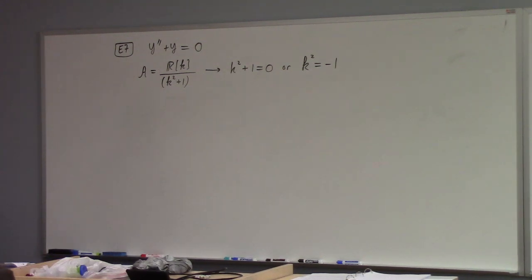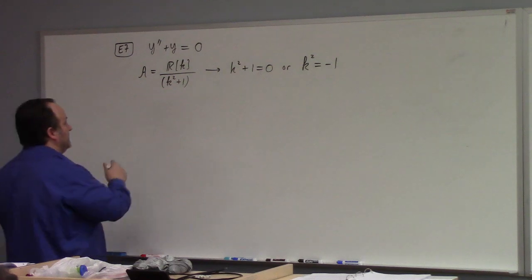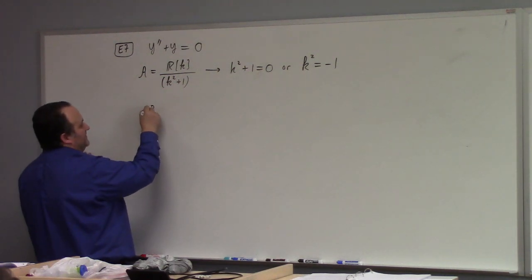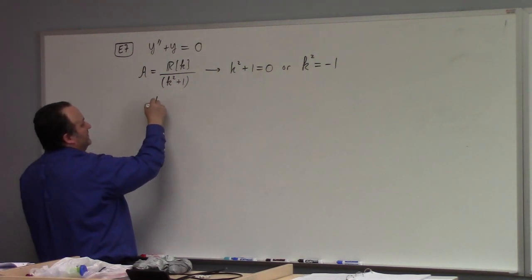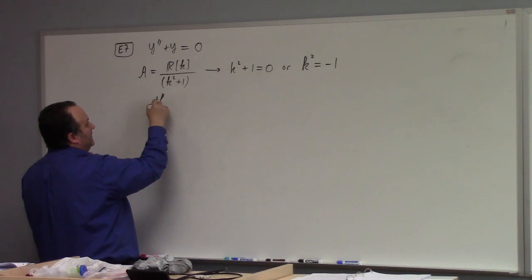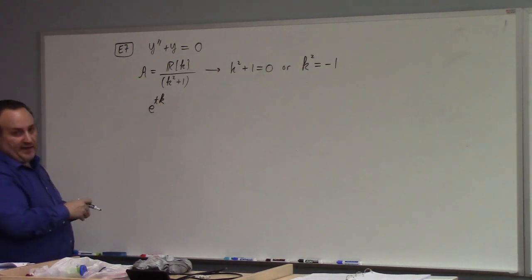Again, I will do the same thing I did last time. To find the solution to this differential equation, I will consider the exponential of t times the generator for the algebra, e to the tk.